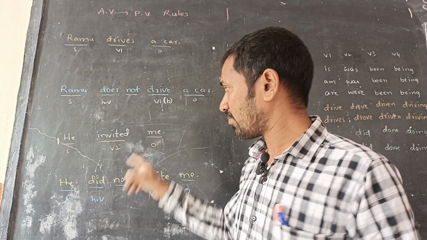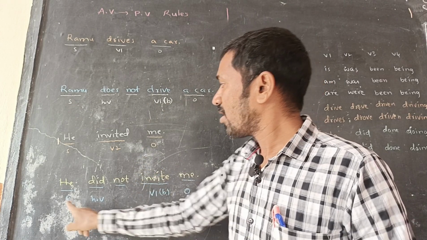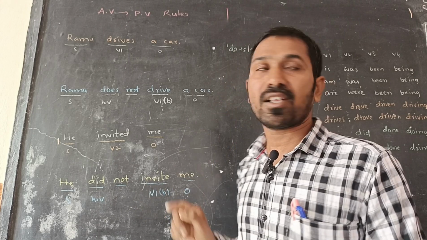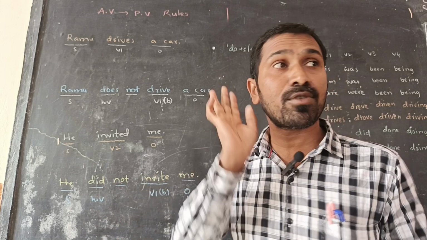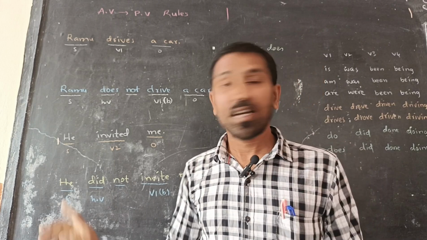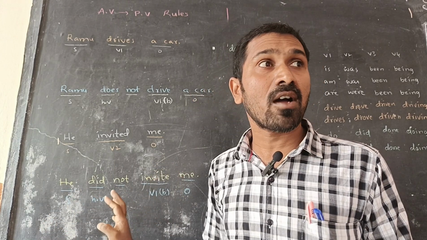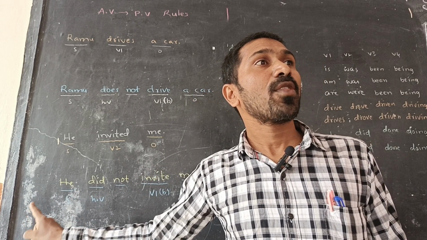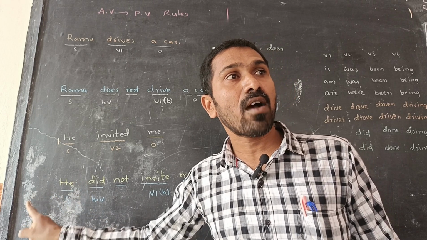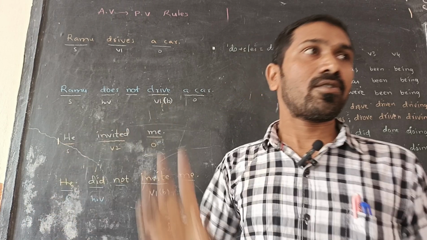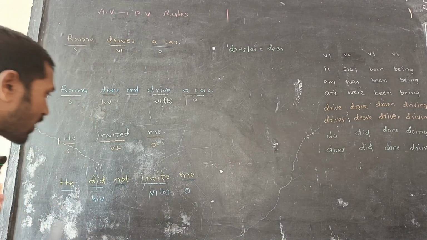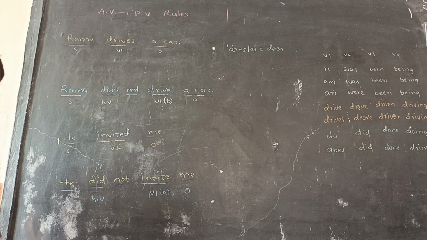Okay, now right. He did not invite me. You need not write it again. Did not invited me is absolutely wrong, because you need to use only V1 base form if there are do forms in your sentence. Right? Okay.